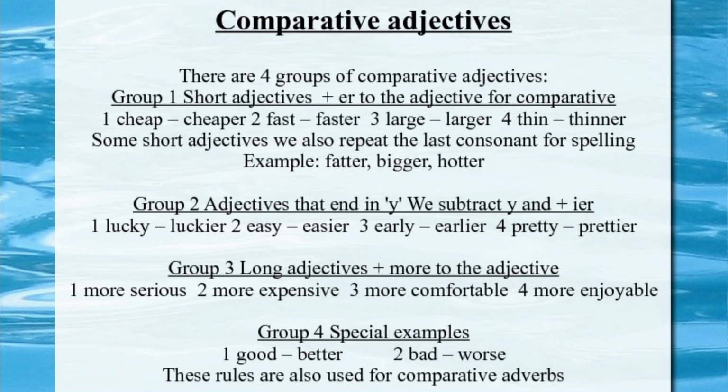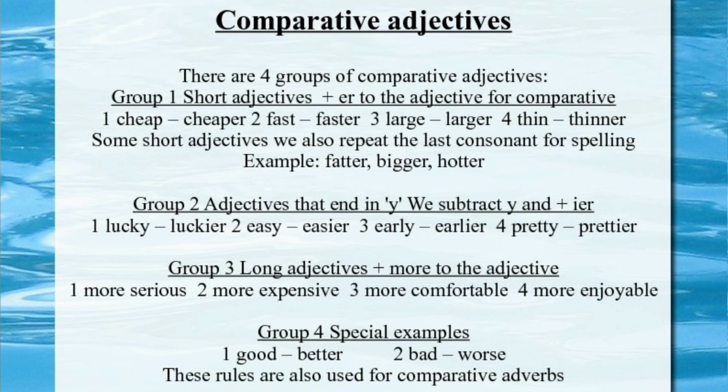So let's have a few examples. Number one, cheap, we change to cheaper. Fast, we change to faster. Large, we change to larger. And the fourth example, thin, we change to thinner.